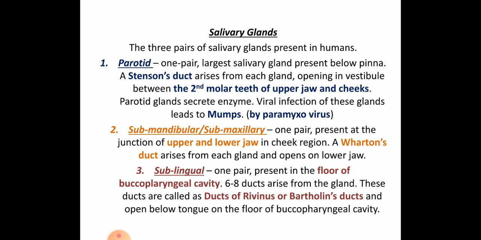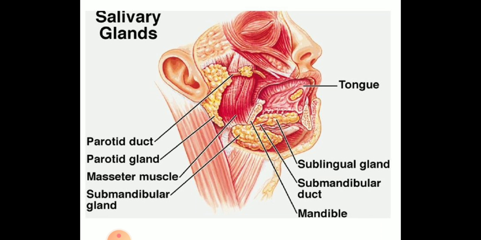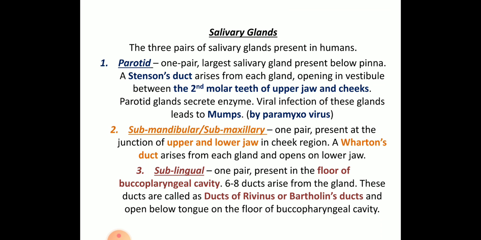There are 3 types of salivary glands: parotid salivary glands, submandibular salivary glands and sublingual salivary glands. As you can see in this picture, there are 3 different types of salivary glands. The first one, parotid glands, is only one pair and they are the largest salivary glands, below the ear pinna.